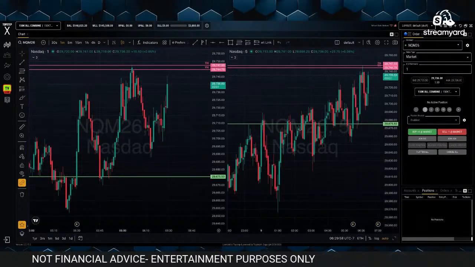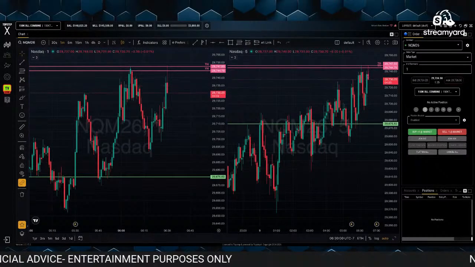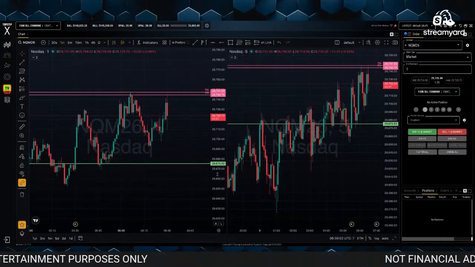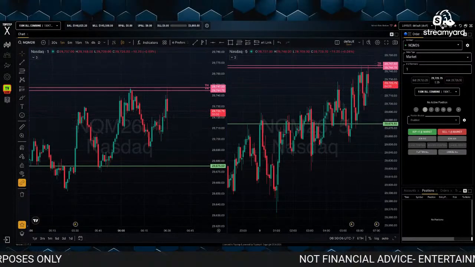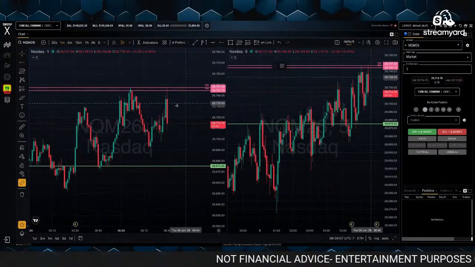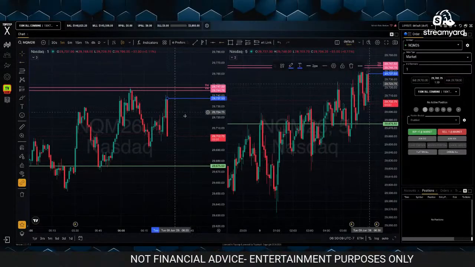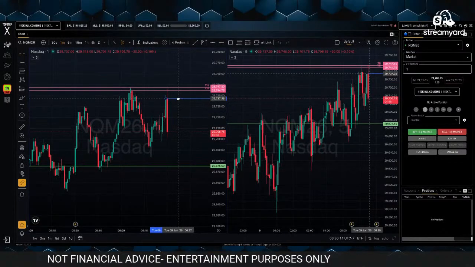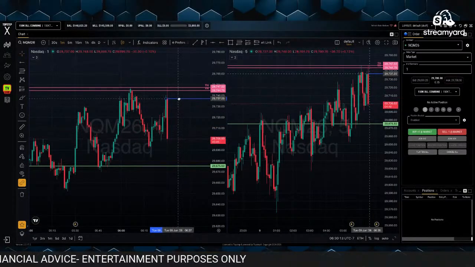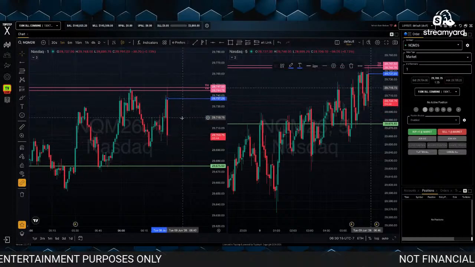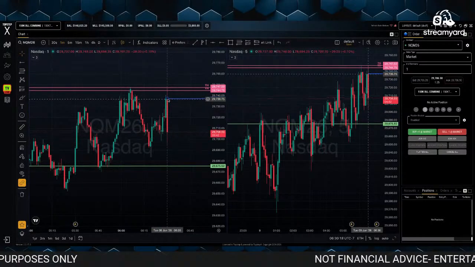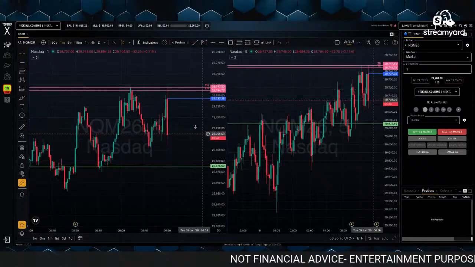So as soon as 6:30 happens on the 1 minute, I'm going to mark out what I call the opening print. I marked that in blue. What that means is that when 6:30 happened, this candle opened right here at this top.